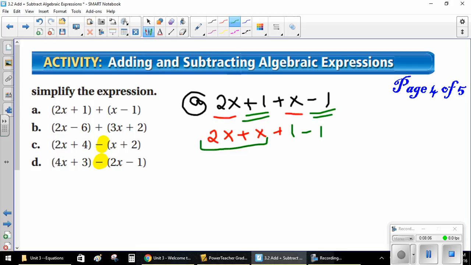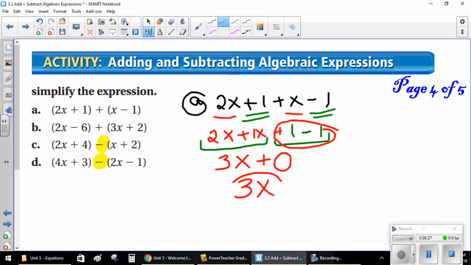Variables first, constants second. So 2x plus x, remember, when it's just x, there's a 1 in front of it. So that's 3x plus, well, plus 1 minus 1, these are inverses of each other, so they equal 0. So I can write 3x plus 0, or I can reduce it down and just write 3x. Okay, I will be erasing this board, so if you need to copy, please pause now.